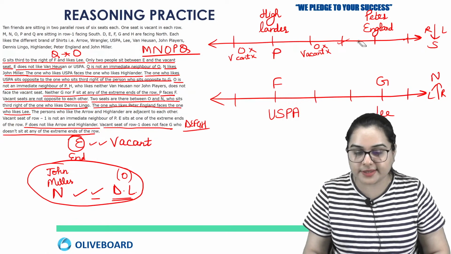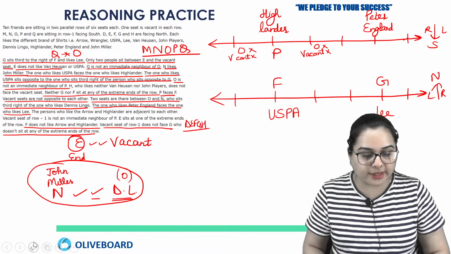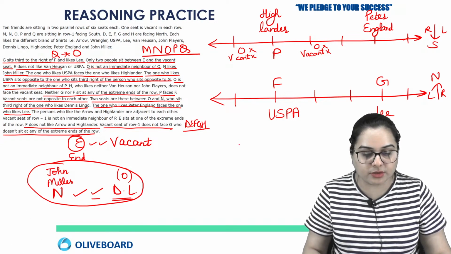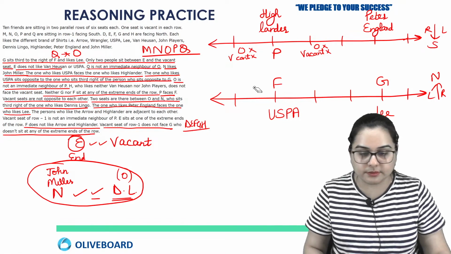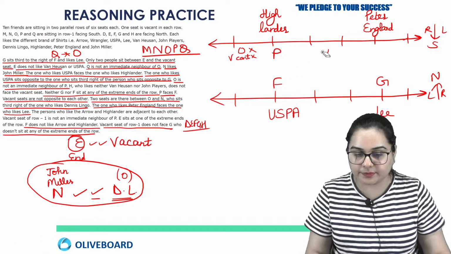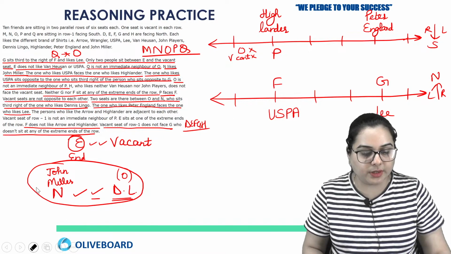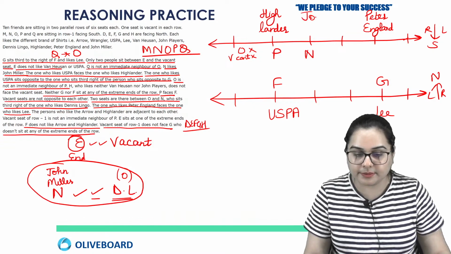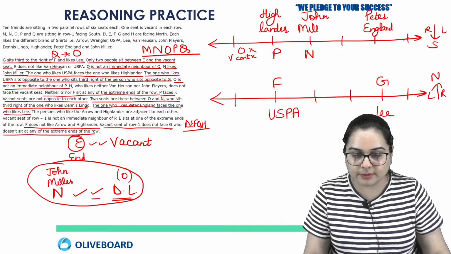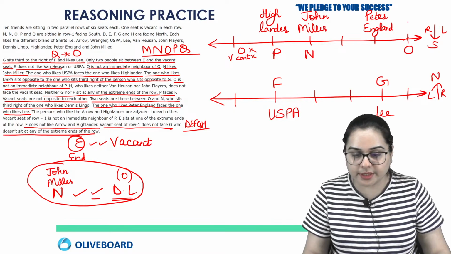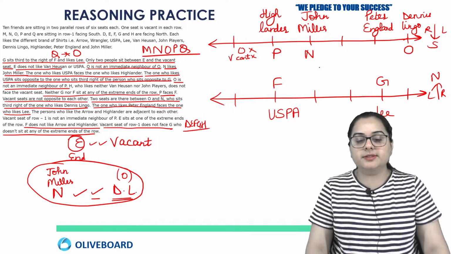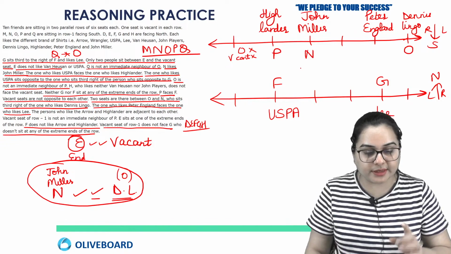So this clarifies that we are going to write N and John Miller on this place, okay? And O will be written here and the name will be Dennis Lingo. So what he had told you previously, that there are some neighbors.